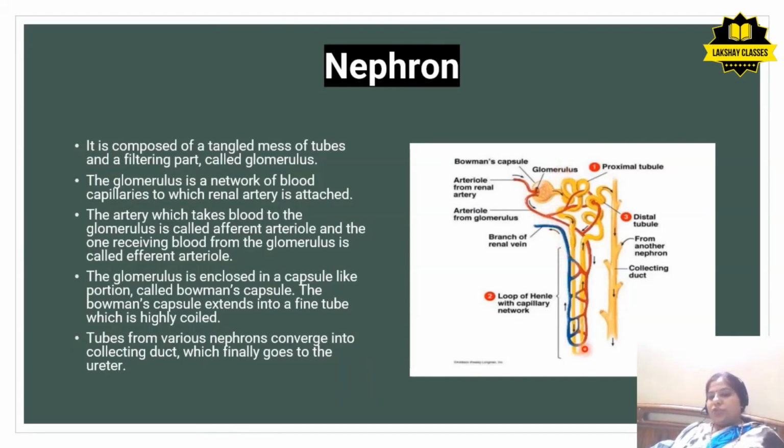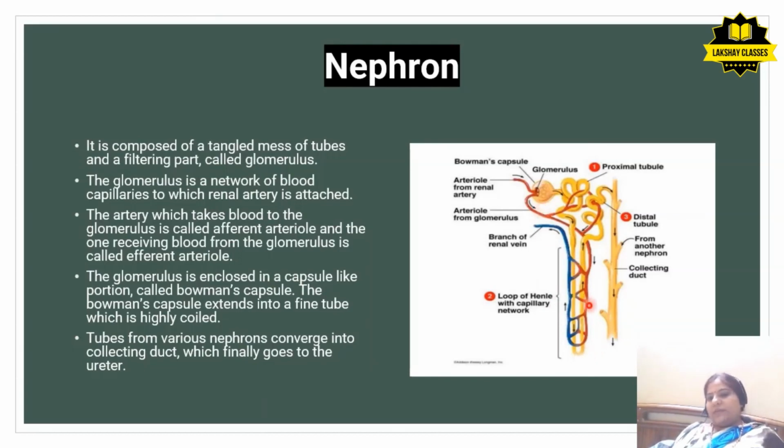Then this U-shaped loop you must be seeing is called Henle's loop, and this is covered by a network of blood vessels.